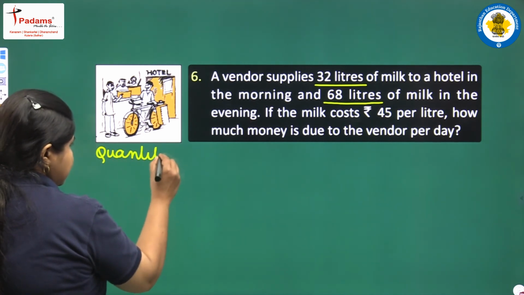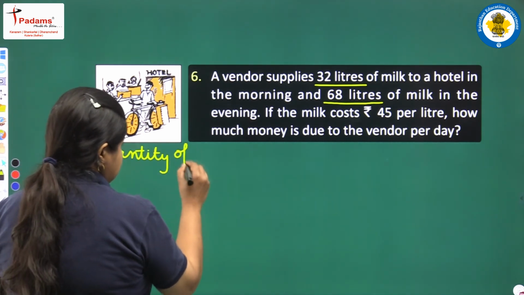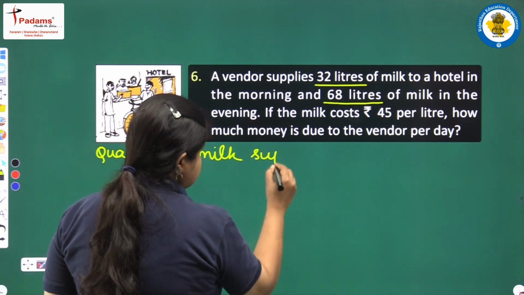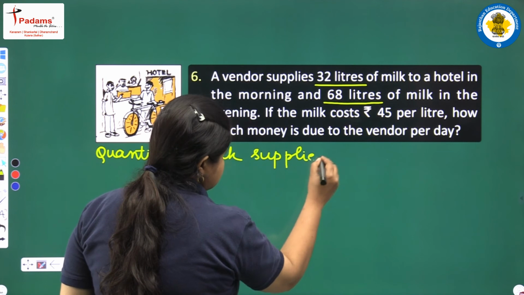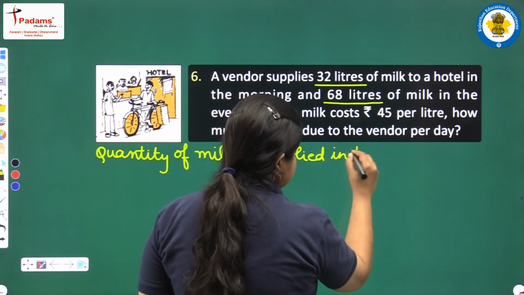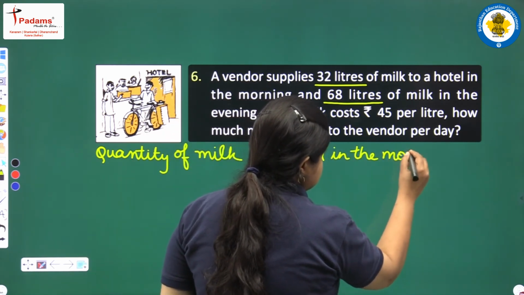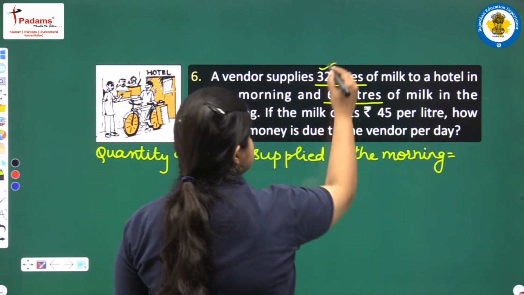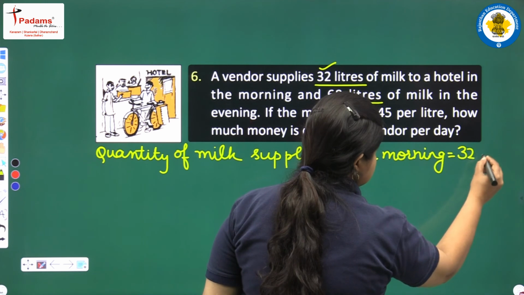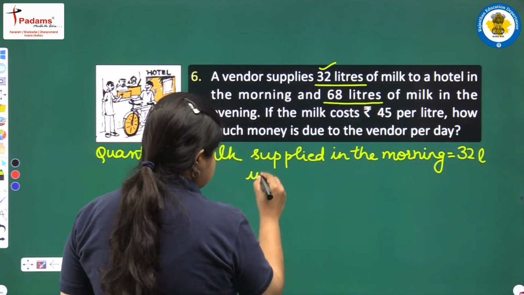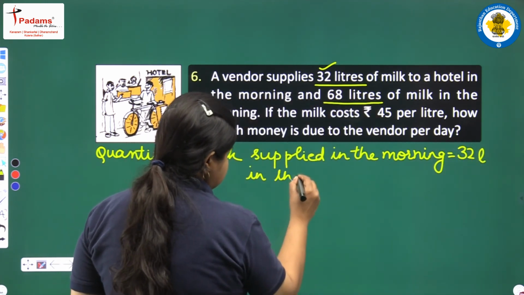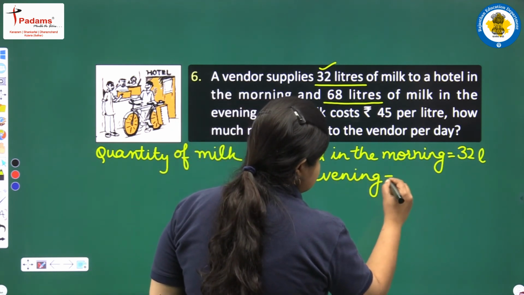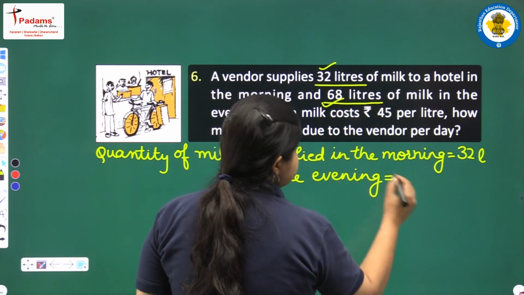Quantity of milk supplied in the morning. It's how much? 32 liters. And in the evening, it's how much? 68 liters.